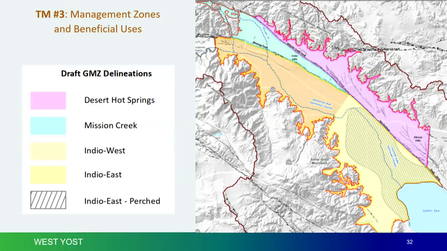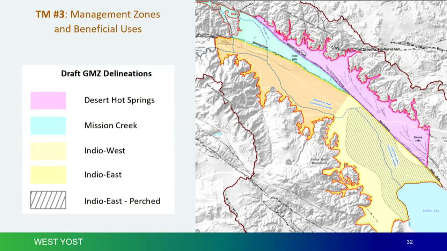And that may cause us to change these draft delineations from what we're proposing here in this TM. But essentially, we're starting pretty big, where a lot of the alignments here and boundaries are along fault boundaries, geologic fault boundaries that slow down or inhibit the underground flow of groundwater.